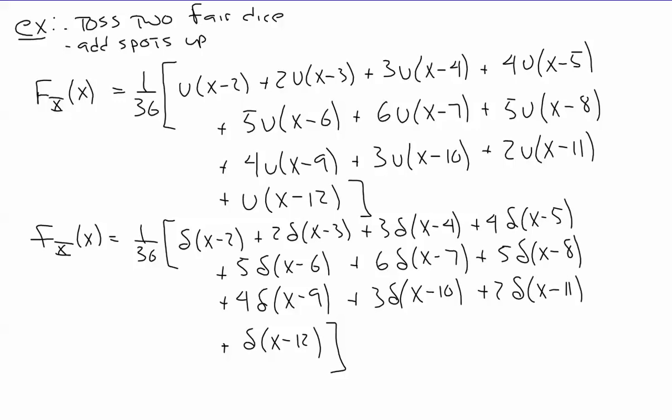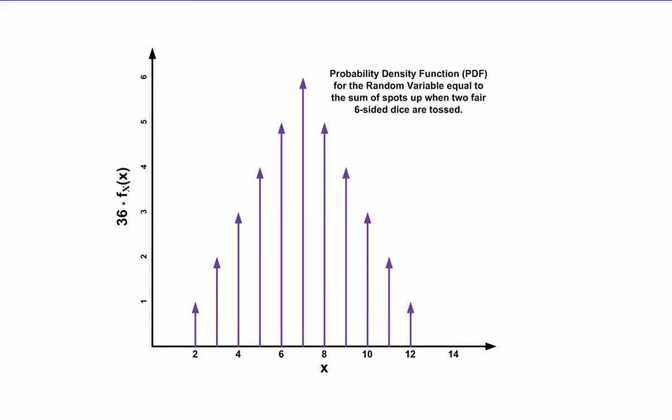My cumulative distribution function is a bunch of step functions, and my probability density function for this particular experiment and random variable assignment is a bunch of delta functions. If I plot my probability density function, I get that.